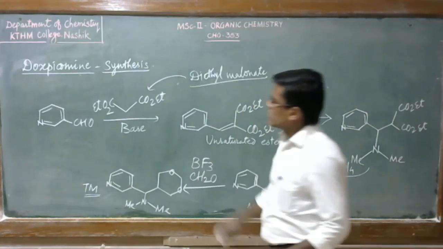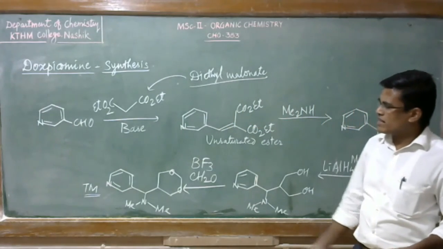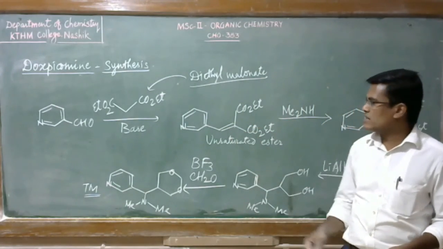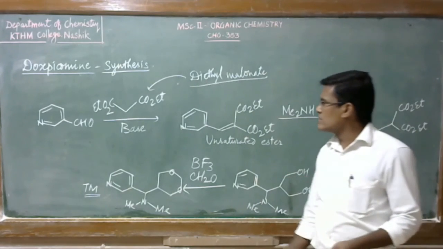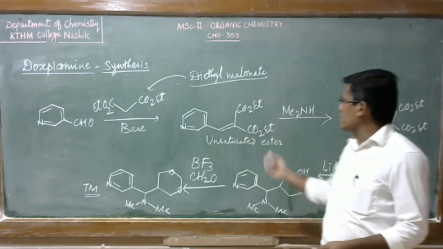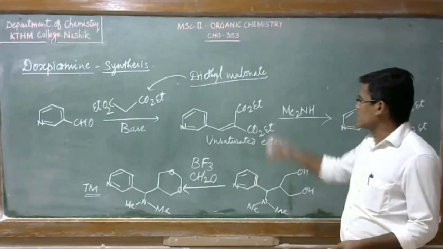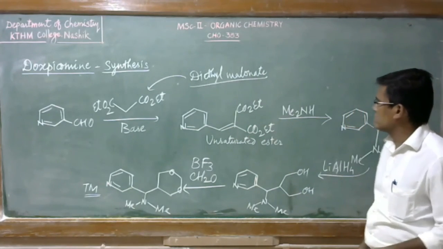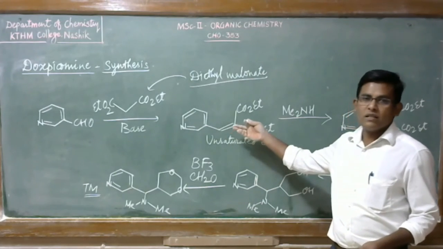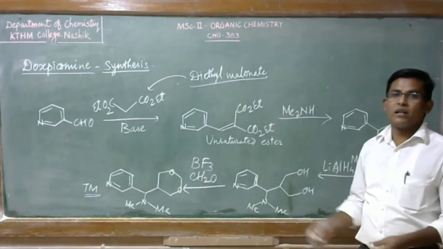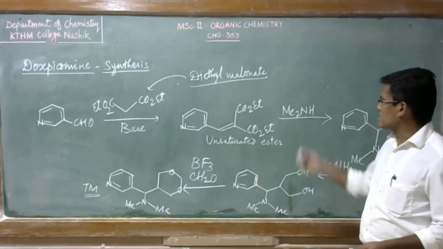Okay, the treatment of this diethyl malonate with this aldehyde in the presence of suitable base, okay, so it gives this alpha beta unsaturated diester. So it gives the alpha beta unsaturated diester.